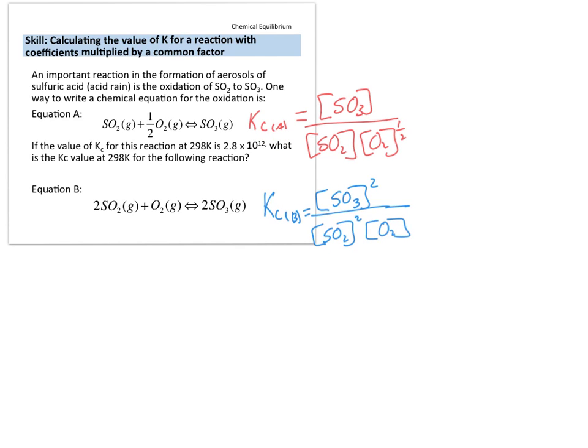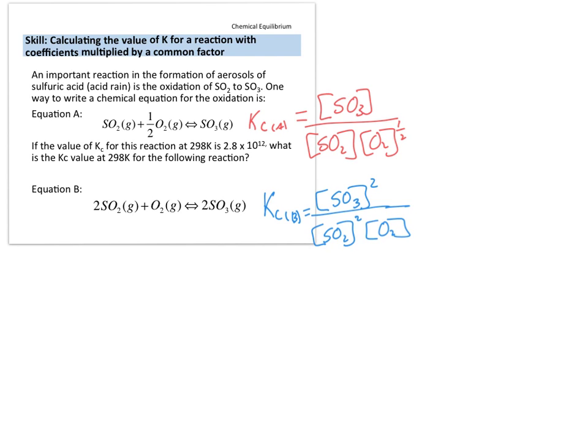What we are really doing is raising the whole Kc of the first equation to a power of 2, the same common factor that equation B was multiplied by. It's very common for students to think that the Kc value is being doubled due to the common factor, but it's not. The previous one is raised to that number to get the second one.